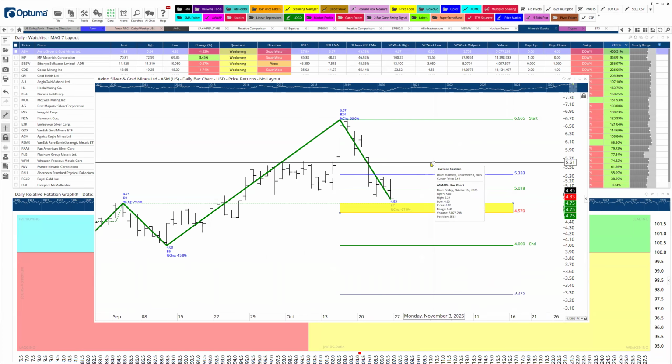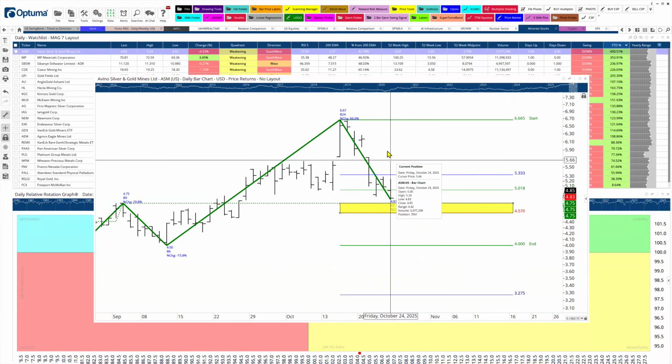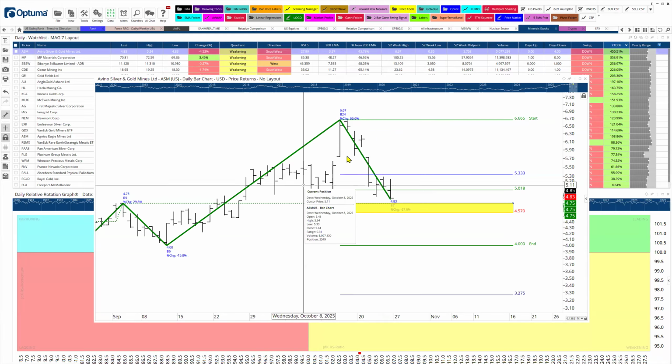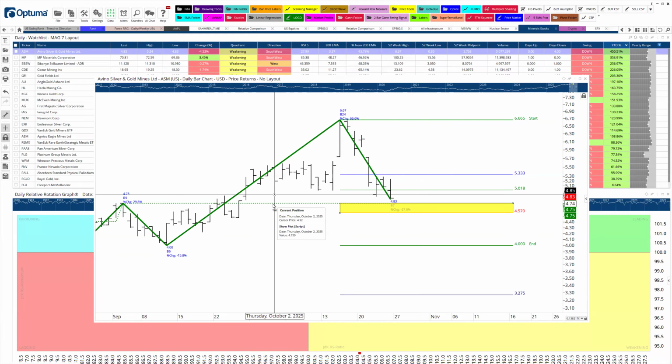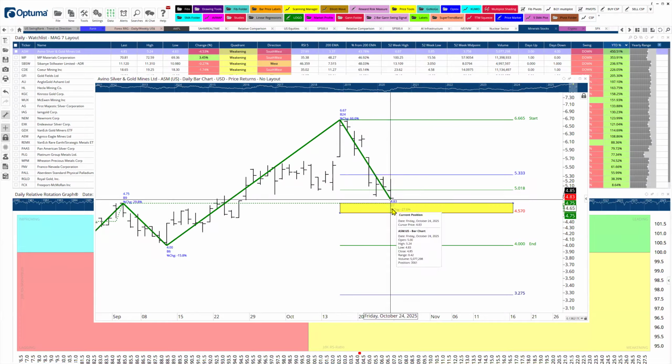From here, it could give a bit of a bounce. You don't want to break that 78.6 of the previous swing high and low. It'll open more downside.